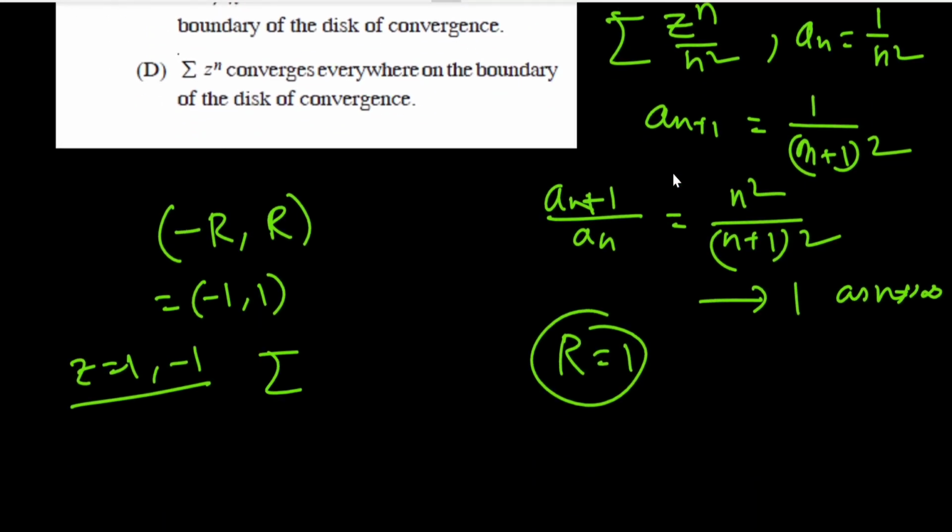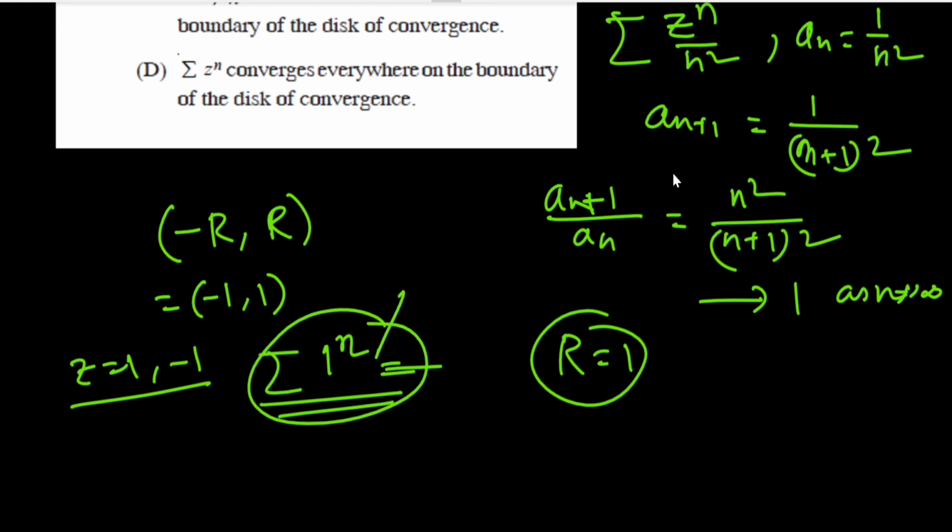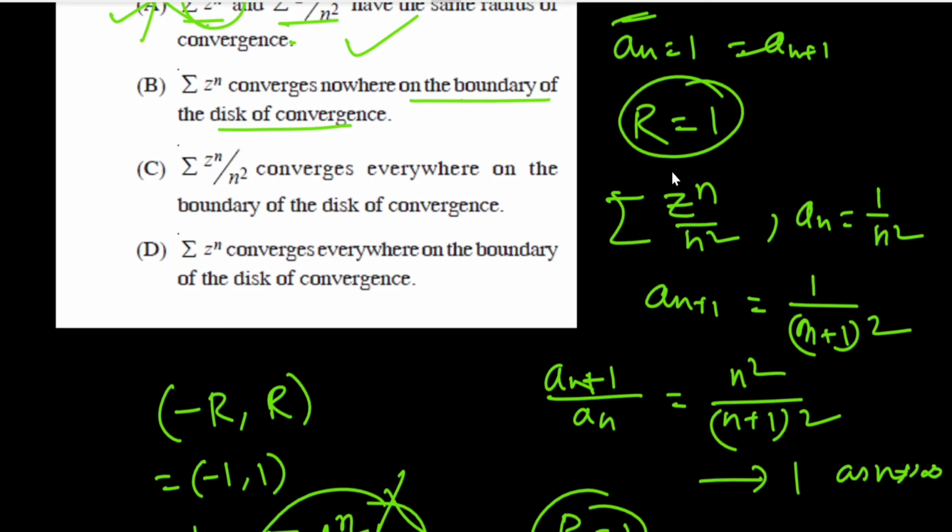Summation 1 to the power n is an infinite series which is not convergent. Also summation of minus 1 to the power n is not convergent. Therefore it converges nowhere on the boundary, so it is a true statement, therefore it is not the correct option.